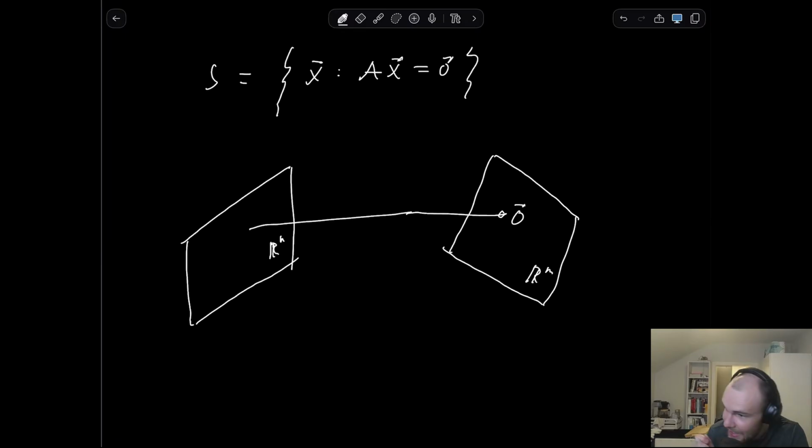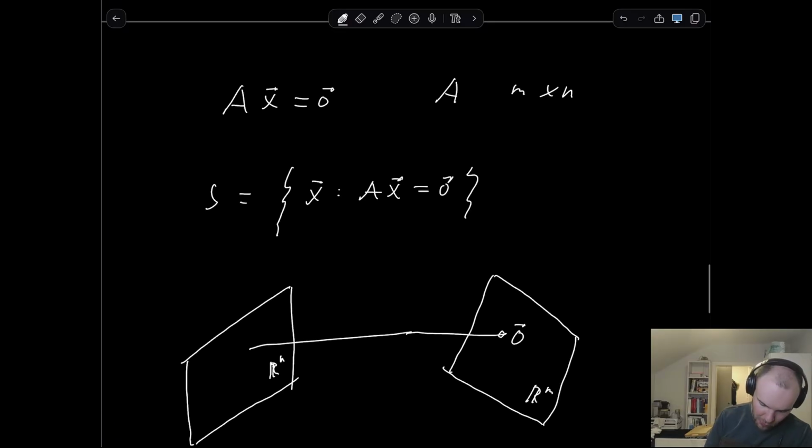So it takes vectors from R^n and transforms them into the 0 vector in R^m. Which means the x values satisfy this equation.